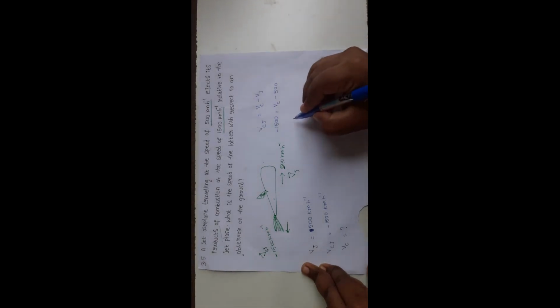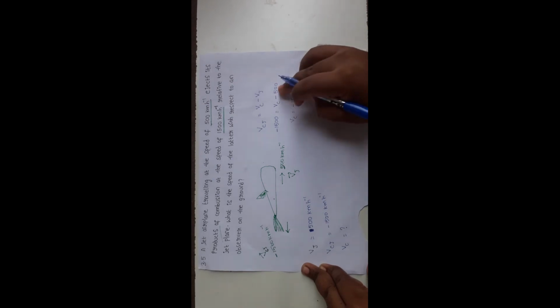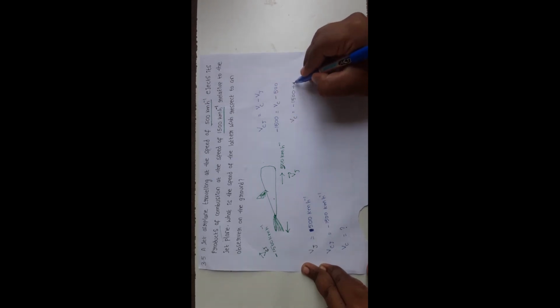So Vc equals minus 1500 plus 500. So Vc equals minus 1000. Units are kilometer per hour.